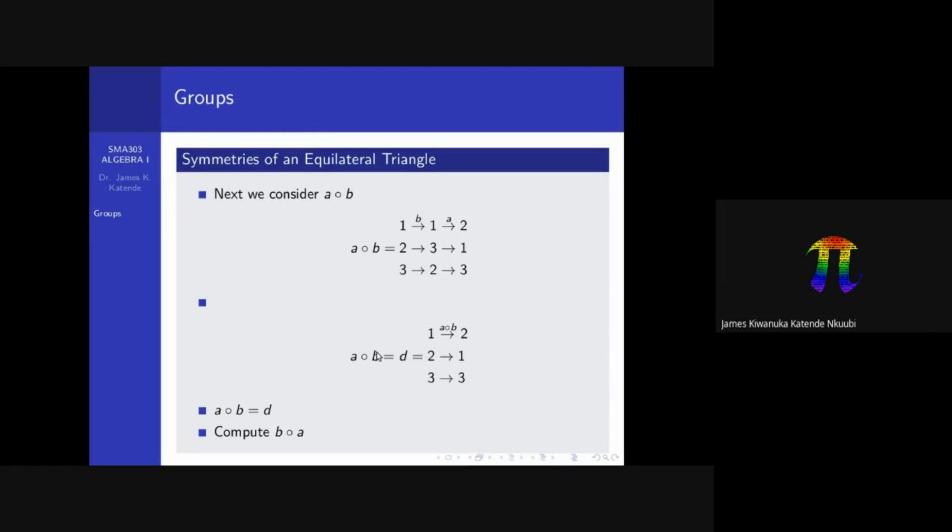So when you compose A and B, you will get D. So I can give you an opportunity. Can you work out B of A?